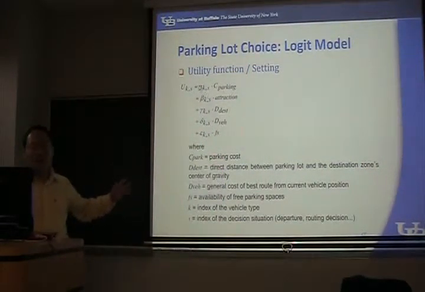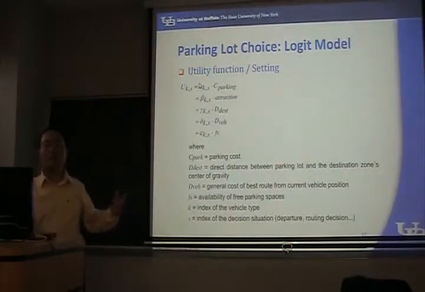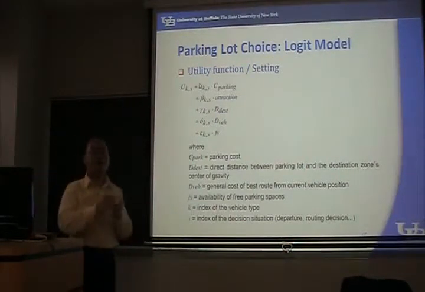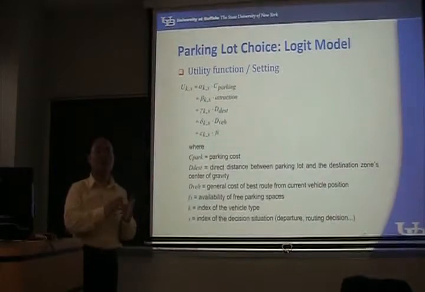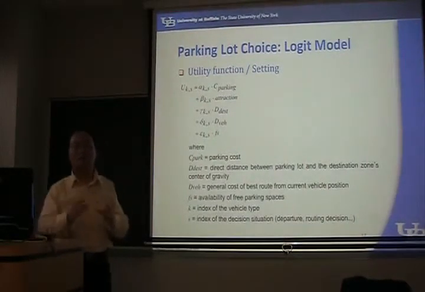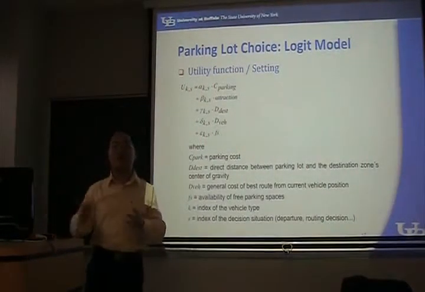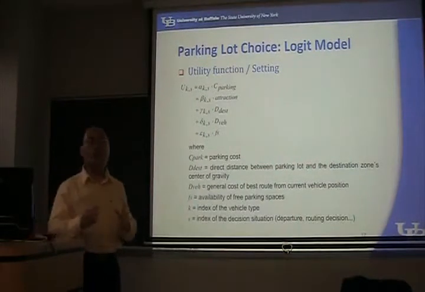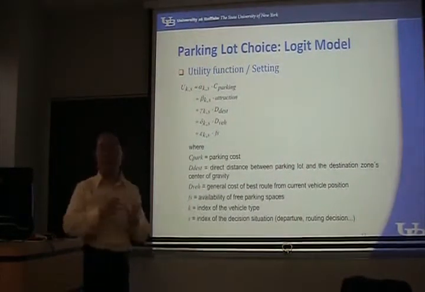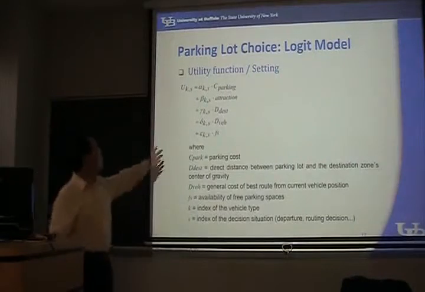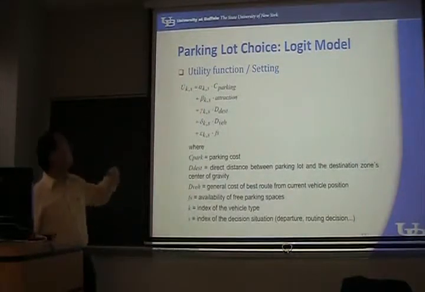The next thing is called parking lot choice. So if you have several parking lots that are associated with, like, zone 1, and you have an OD matrix starting from zone 1, then where will the trip begin? So here is the utility function of parking lots.